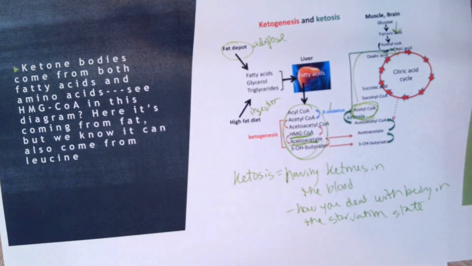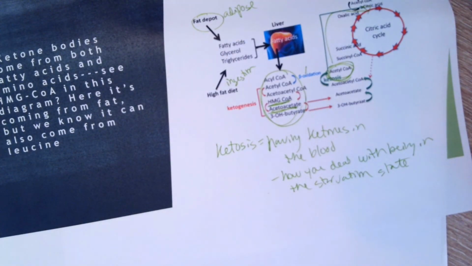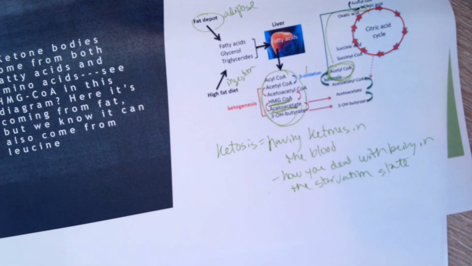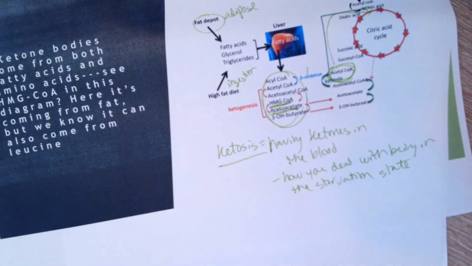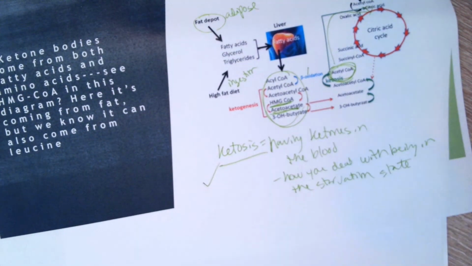So this is a source of energy for your brain when you don't have glucose handy. This is the whole point of what we've been talking about this whole time, is to have ketosis. So this is a good thing. This is something that you want.